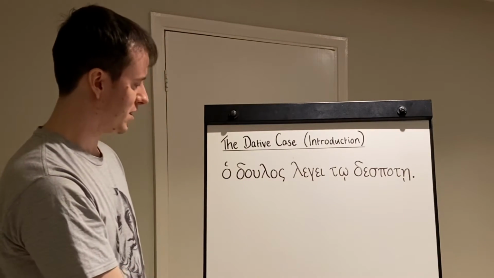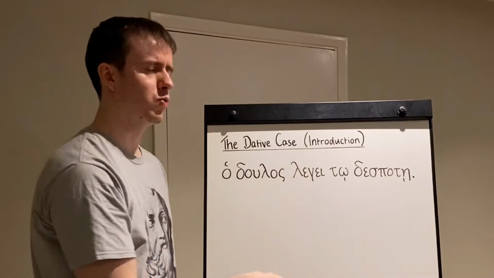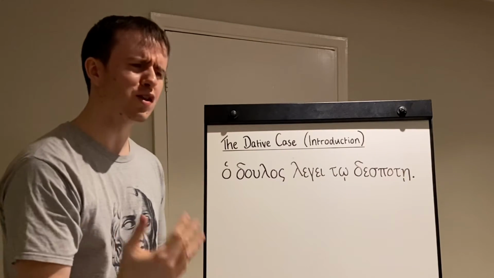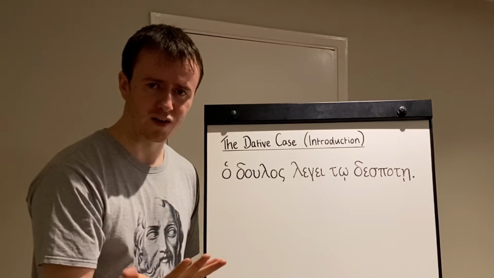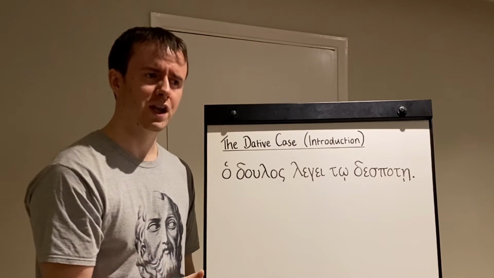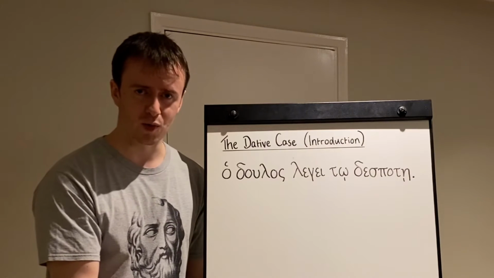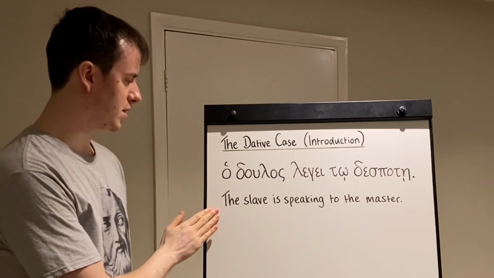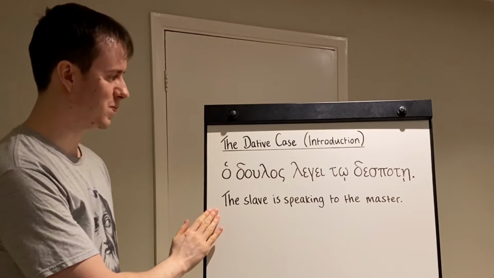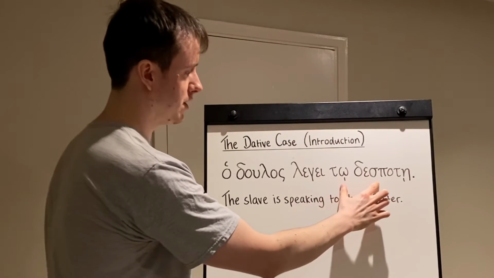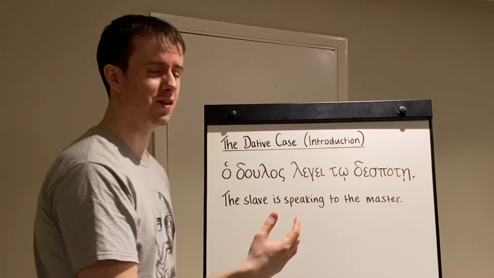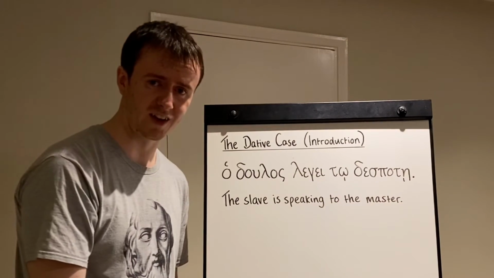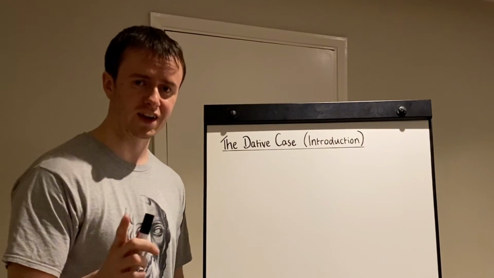So given the context, the slave speaks, what makes more sense? To the master or for the master? You could speak for somebody, on somebody's behalf, but I think the meaning to the master is more probable here. And therefore, we will translate this sentence as the slave is speaking to the master. So there, that dative phrase is actually indicating the indirect object, because the master is the person to whom something is being said.